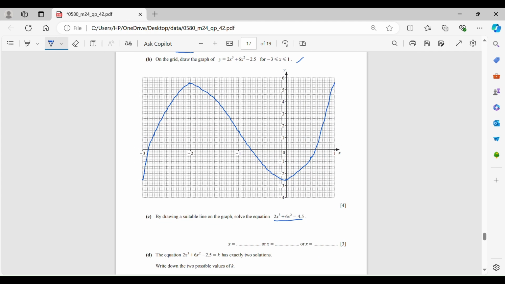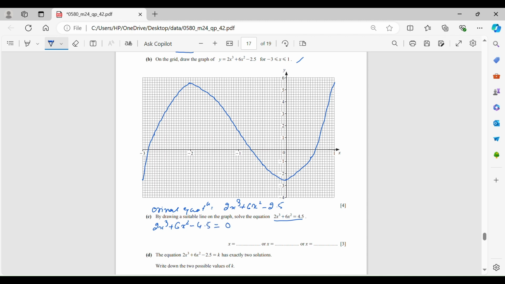Our original equation is 2x cube plus 6x square minus 2.5, and by solving this, it is 2x cube plus 6x square minus 4.5 equal to 0.